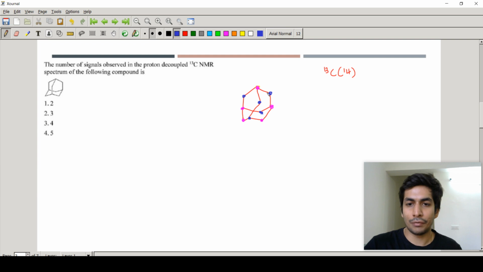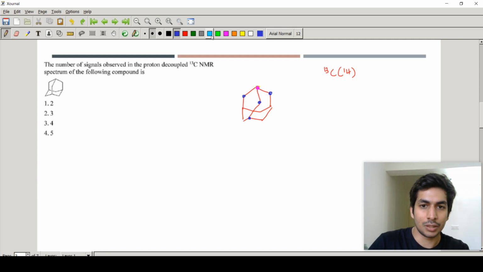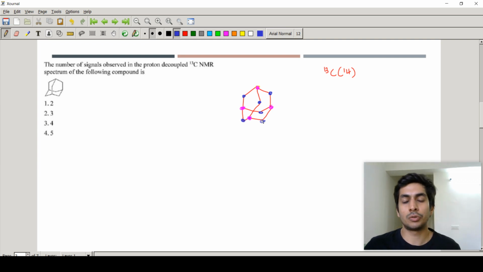Similarly, if you go for this particular carbon over here, sorry, I marked it incorrectly, very sorry. Let me do this again. I've done the markings incorrectly. And then this will also be magenta, and then this will be blue, this will be blue, and this will be blue. So this will be the marking.